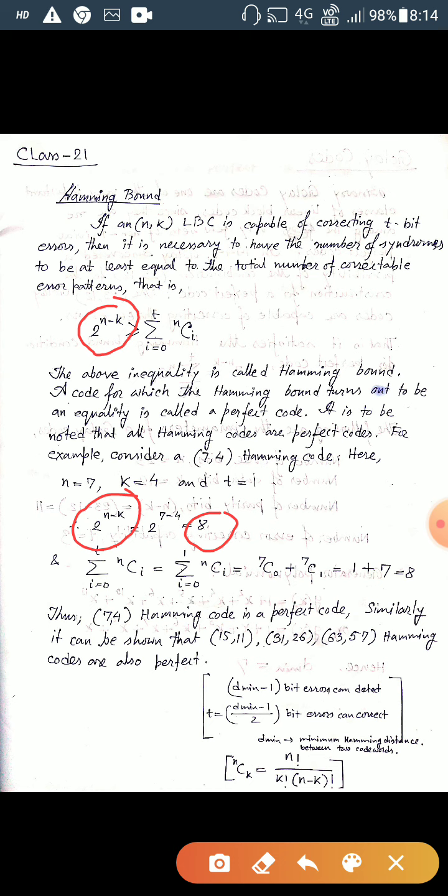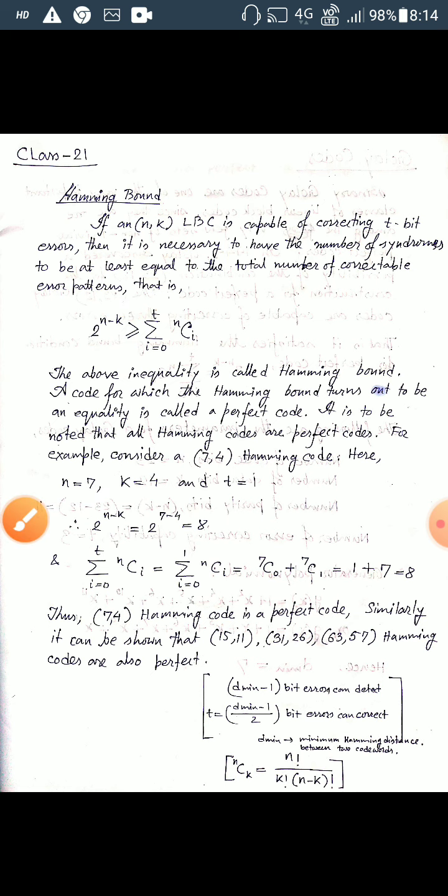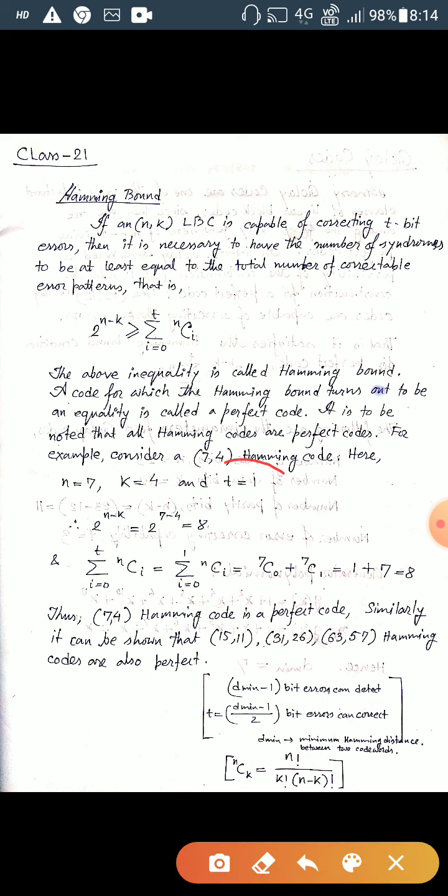Now for the summation of the combination, i varies from 0 up to t. Since t is equal to 1, it starts from 0, so i varies as 0 and 1, up to t, which is given in the question as 1.